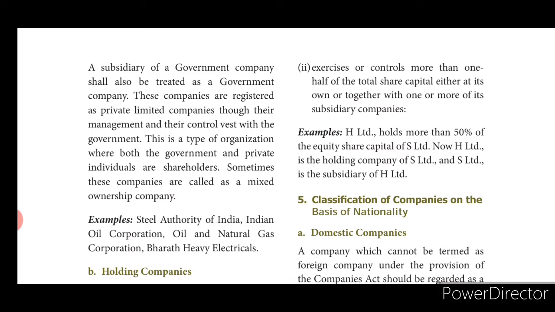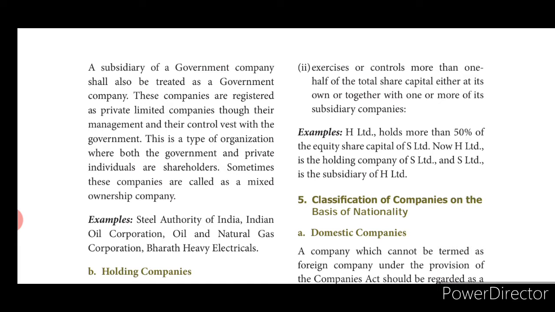Even if it is contributed by the central government or by the state government, it shall also be treated as a government company. But these companies are registered as private limited companies only, though the management and control are with the government. Because the shareholders are both government and private, it is called a mixed ownership company.